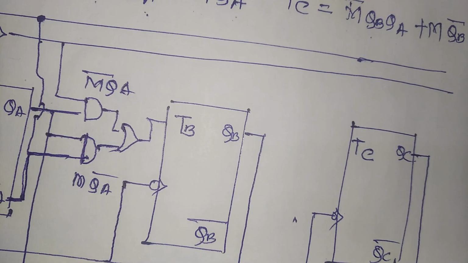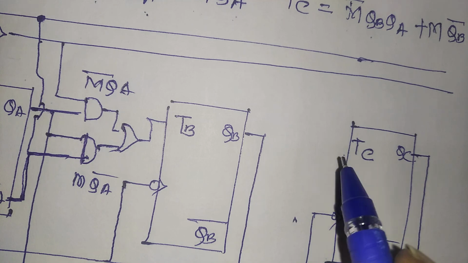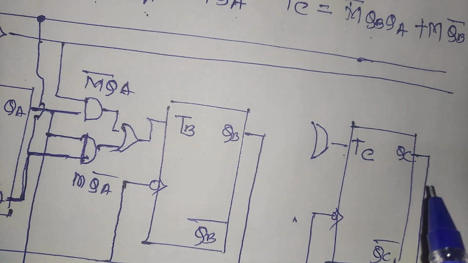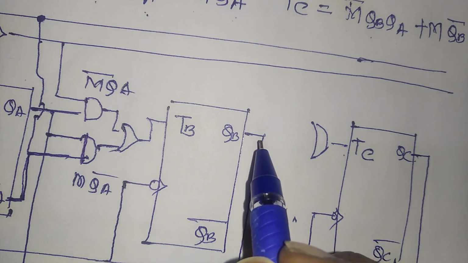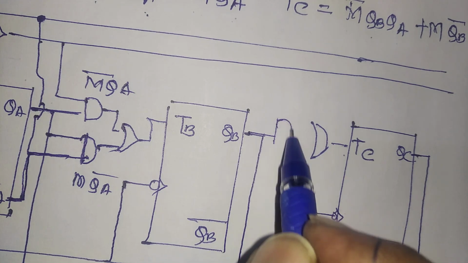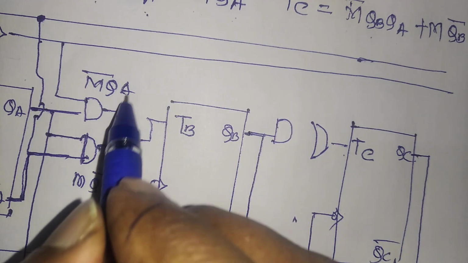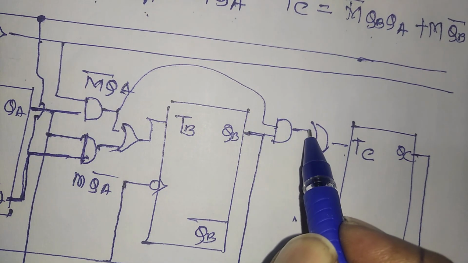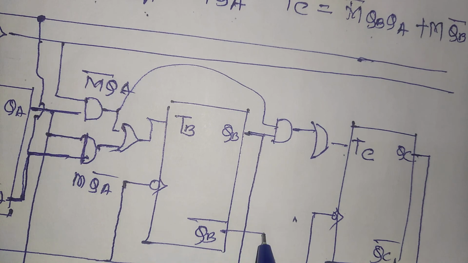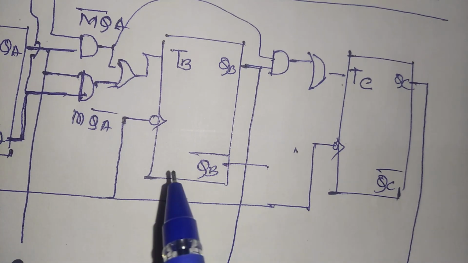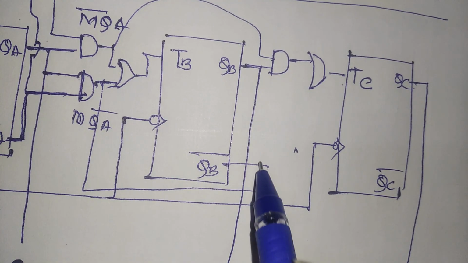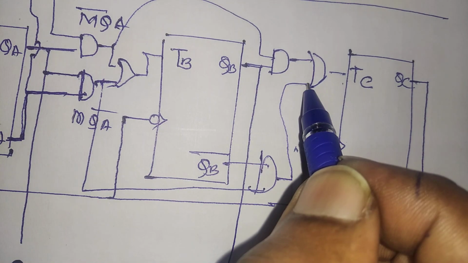Now, for this TC there is an OR gate, and QB is connected to the AND with this OR gate, also QB bar, and this is connected to the AND gate which is connected here.